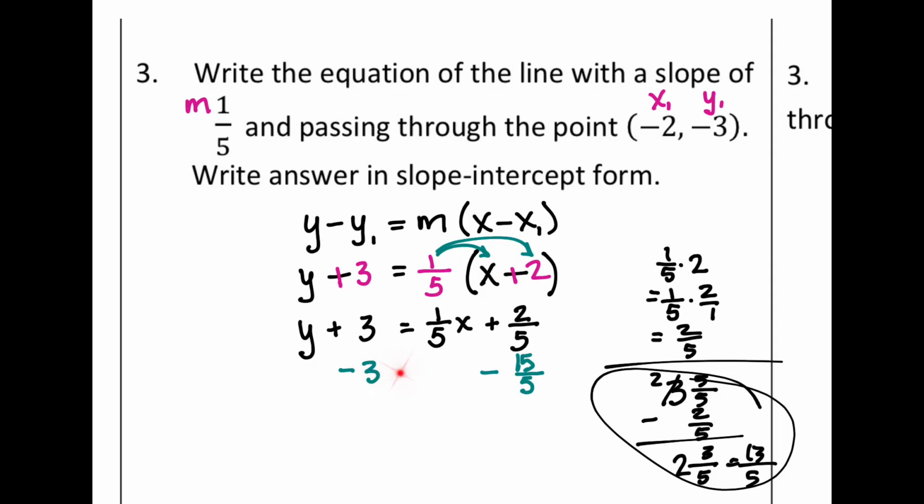In other words, 3 times 5 gave me the 15. Okay, so I knew I had to do fifths because of the fifths here. So y on this side equals 1/5 x. Now I'm just subtracting those two because the signs are different and there's more negatives. So the 2 positives cancel 2 of the negatives and you get 13/5, which is exactly what we got over here. Okay?